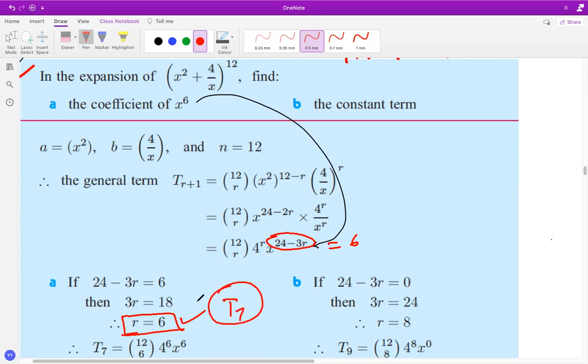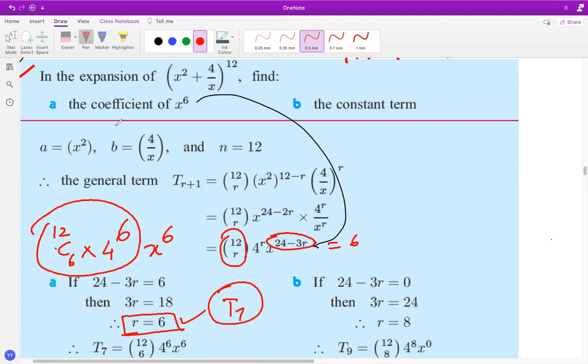The 7th term contained the x to the power 6 term. Now since I got the r value, just plug it in here. It'll be 12C6, 4 to the power 6, and automatically it is x to the power 6 because I put r as 6 here. This is the value that I wanted to calculate, the coefficient of x to the power 6.